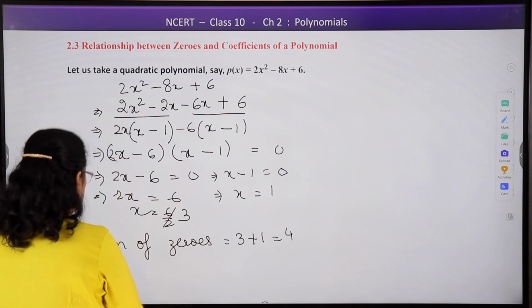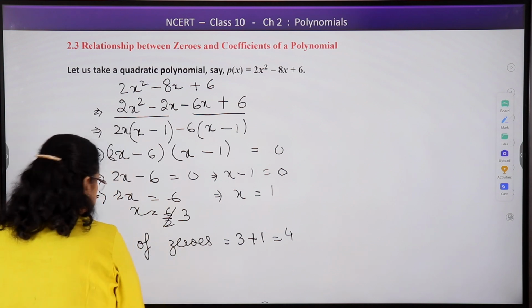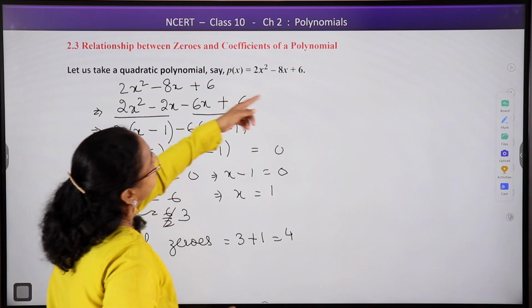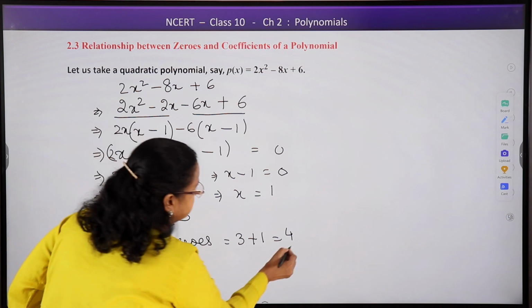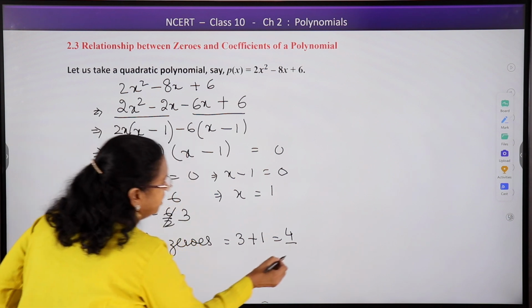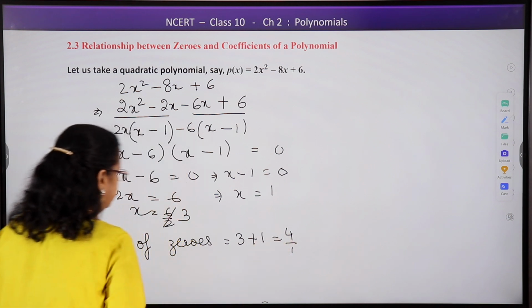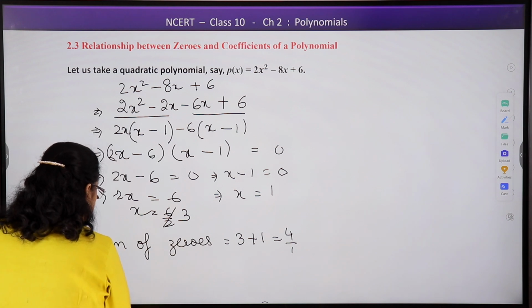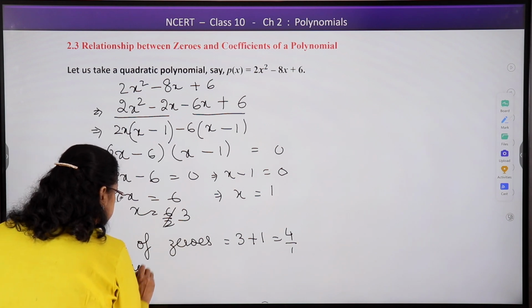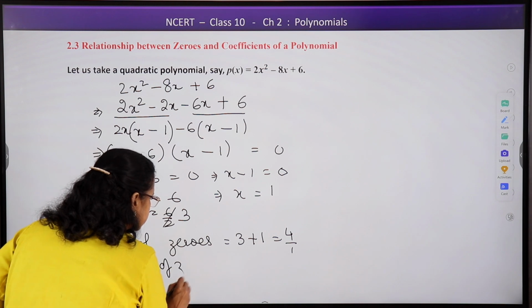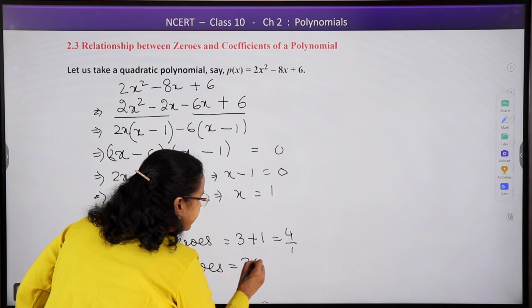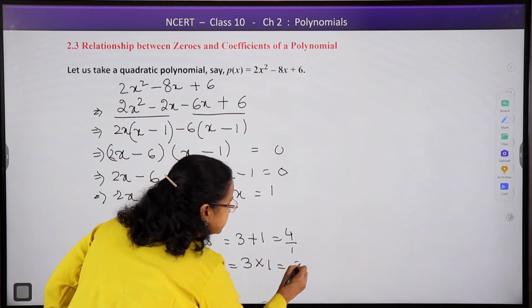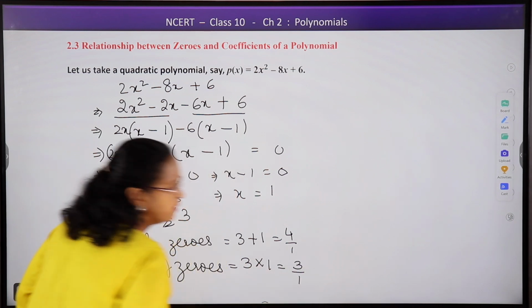Now, where do we get 4? How do we get 4? 4 by 1. And product of zeros, 3 into 1, that is 3. 3 by 1.